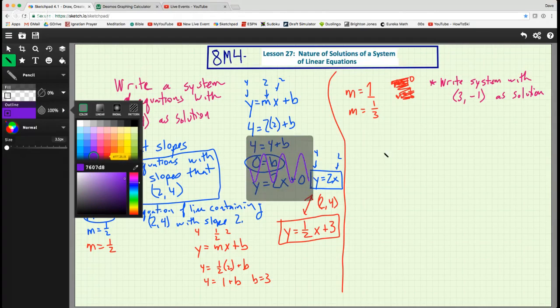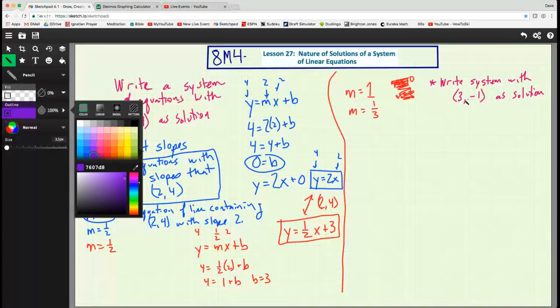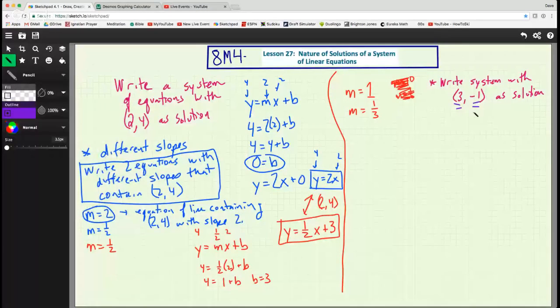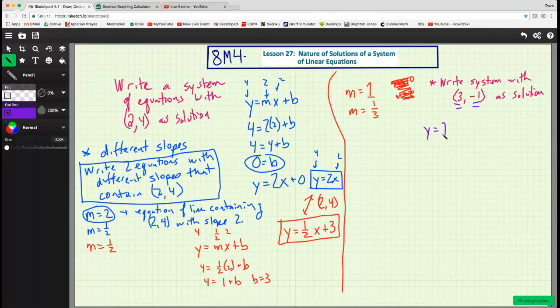All right. So I know that 3 comma -1 has to solve my equation, and I know that my first equation has to have a slope of 1. Let's just do it from total scratch. y equals mx plus b, and I know that my m is 1, my x is 3, and my y is -1.